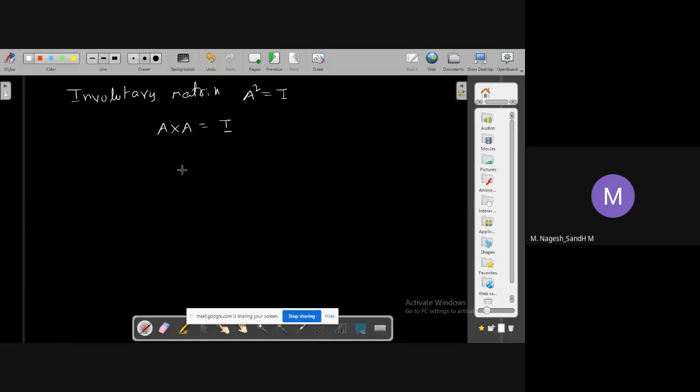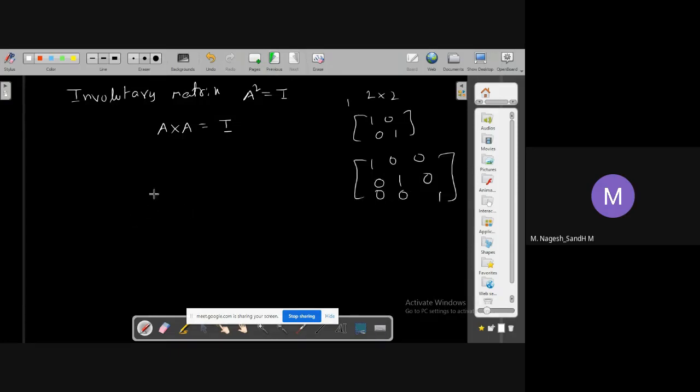When we discuss the problems, we will get some problems based on this definition. So simply remember that involutory matrix means A square equal to I, that is, when you do A into A, you have to get the identity matrix. The 2 cross 2 identity is [1 0; 0 1]. The 3 cross 3 identity is [1 0 0; 0 1 0; 0 0 1].